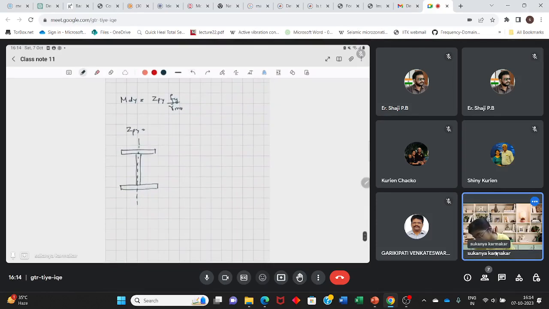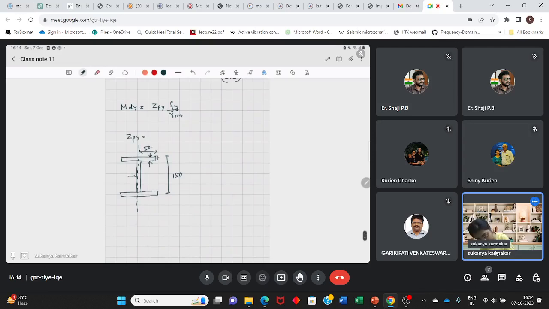We have the depth of the section 150. The width of the flange is 50. The thickness of the flange is 7 mm. The thickness of the web is 5.4. The depth value is 120.